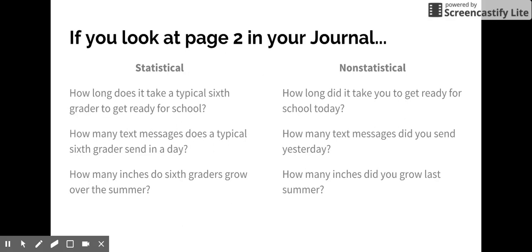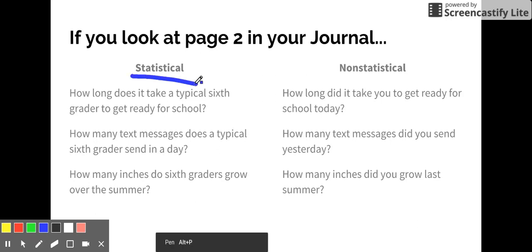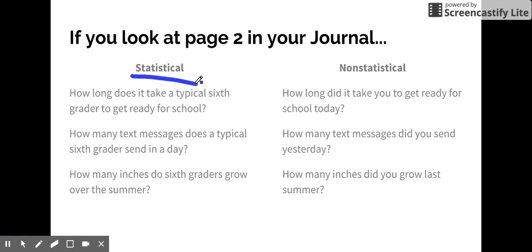On your statistical side, some of the questions say, how long does it take a typical 6th grader to get ready for school? How many text messages does a typical 6th grader send in a day? How many inches do 6th graders grow in the summer? If you notice, each time I'm talking about typical 6th grader, 6th graders. 6th graders is a group of people.